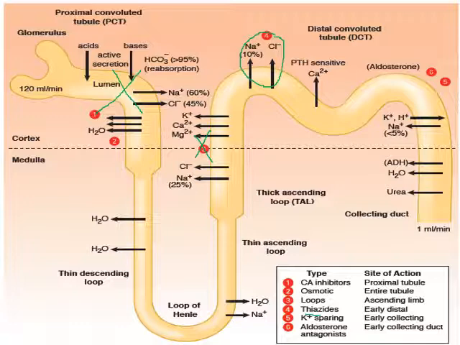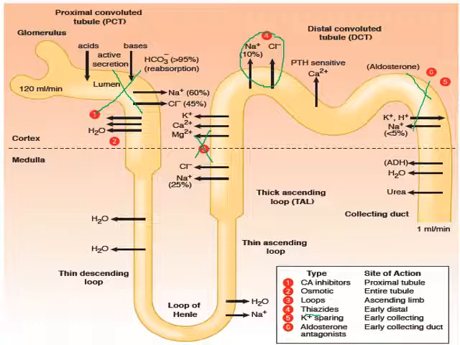They will act in the collecting duct, and they are of two types. One is potassium sparing diuretics and another one is aldosterone receptor blockers. They are collectively called potassium sparing diuretics. So they will be acting in the collecting duct.